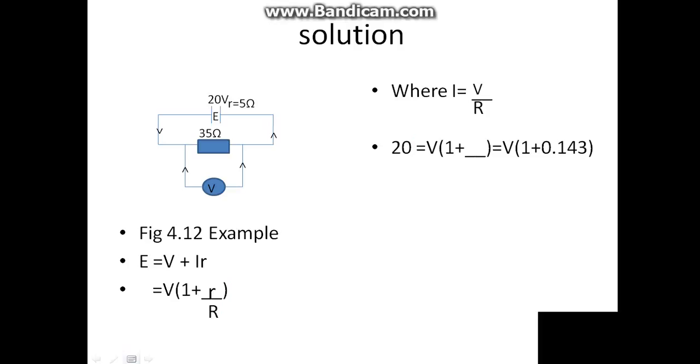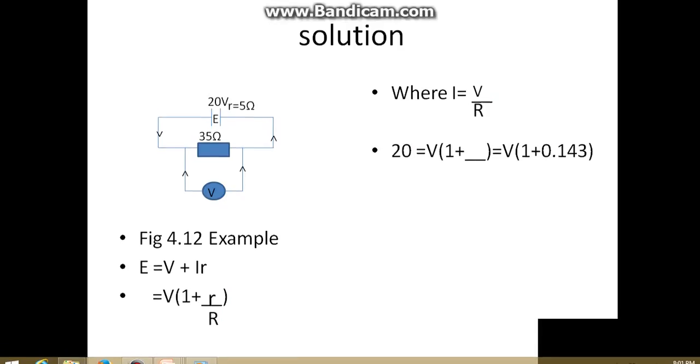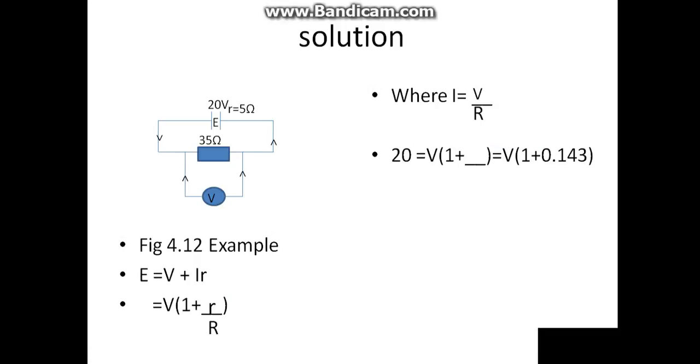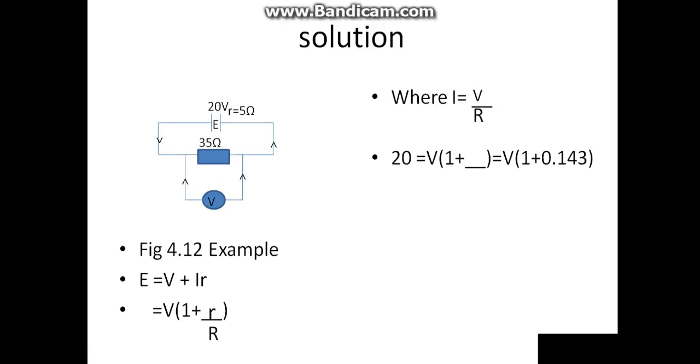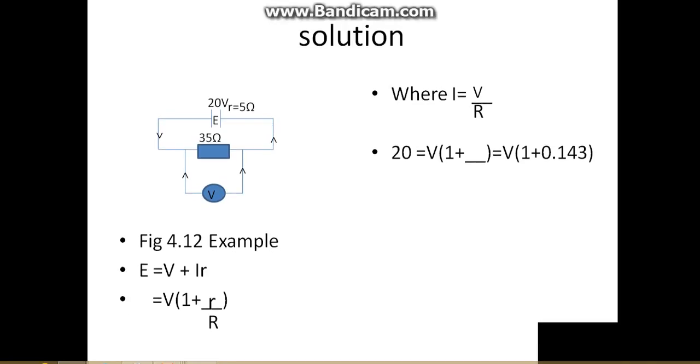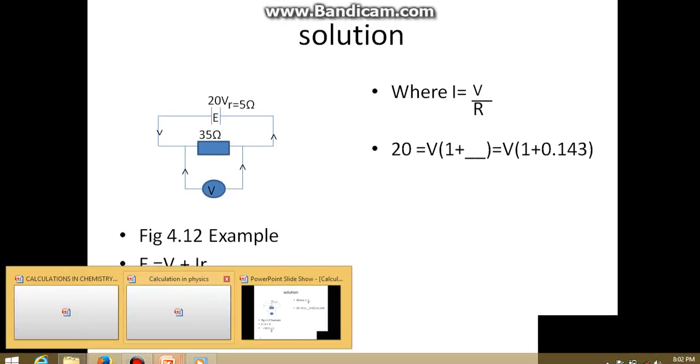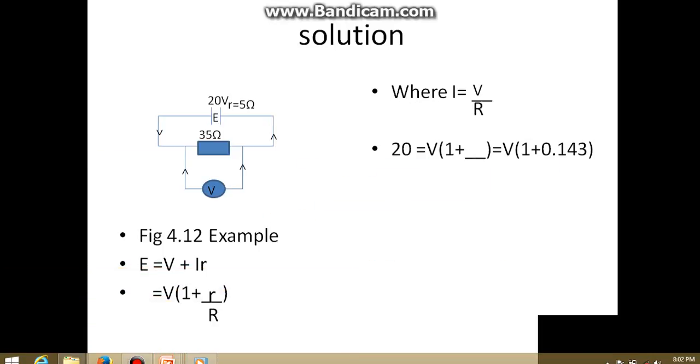Therefore, you now substitute the values. You have 20, which is the electromotive force, equals V in bracket 1 plus 5 over 35, which will give us V times 1 plus 0.143.